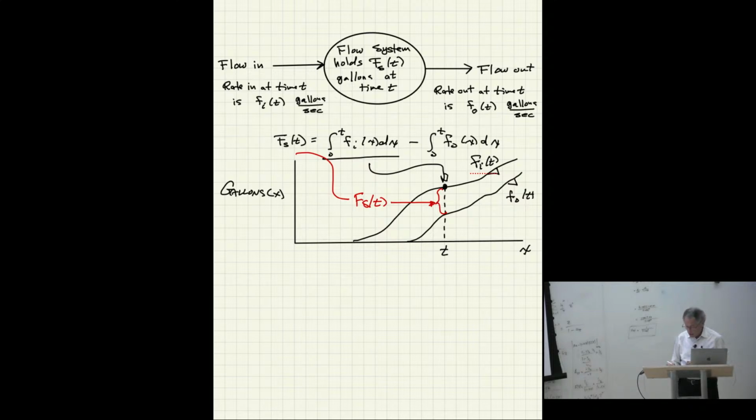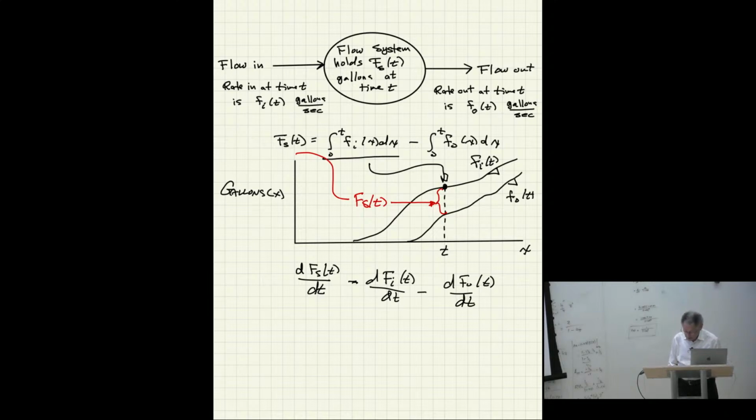Now, if I want to talk about the rate of flows, I can talk about the rate of flow inside the system at time t. And that'll be the derivative of capital F sub I of t, which you already know is the little density, minus the derivative of the amount out.